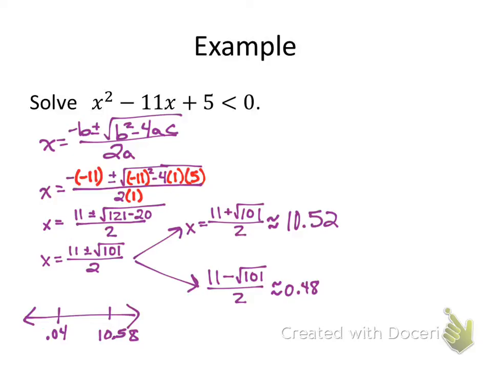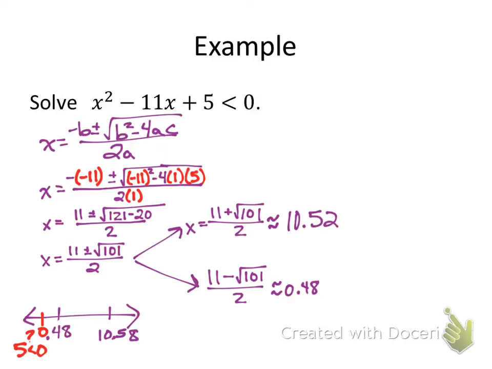This should be 0.48, but 0 would be here. If I test that, I plug it in, 0 minus, this becomes 0 plus 5. So is 5 less than 0? It's not. So I would not shade there.